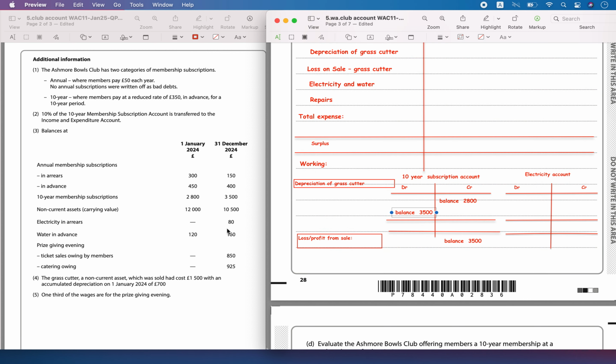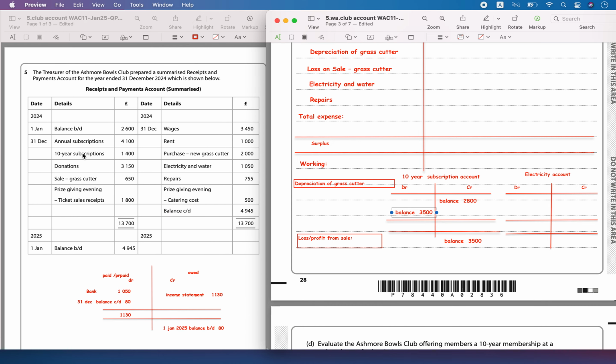Towards the 10-year subscription you had got 1,400 in the bank. So let's add up 2,800 plus 1,400, that is 4,200.